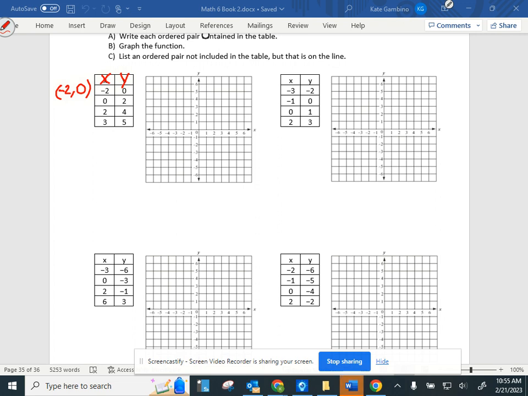So I'm going to take that x, y, and I'm going to graph it. -2, 0 would be right here on my graph. So I'm taking my ordered pair from that function table, writing it as an ordered pair, and then graphing it. -2 on the x and 0 on the y would be right there.